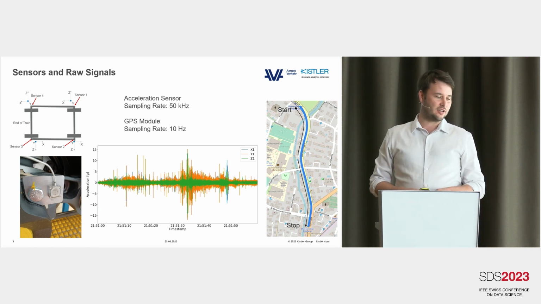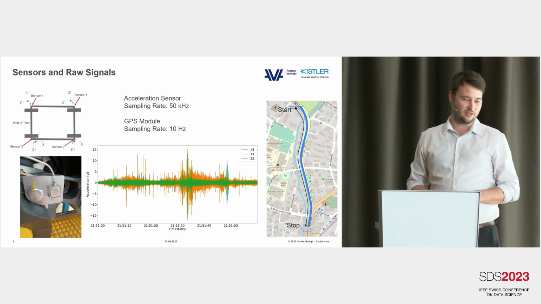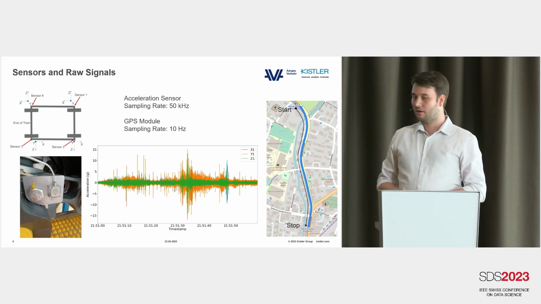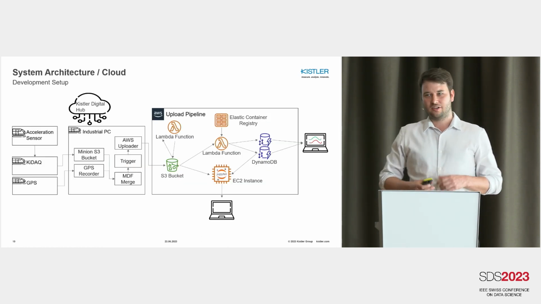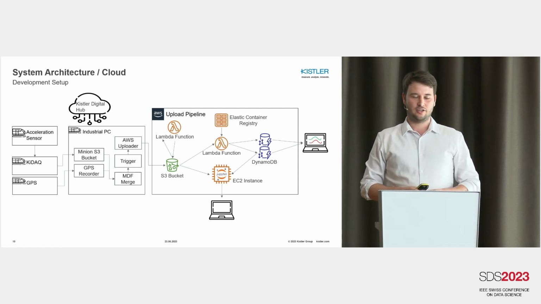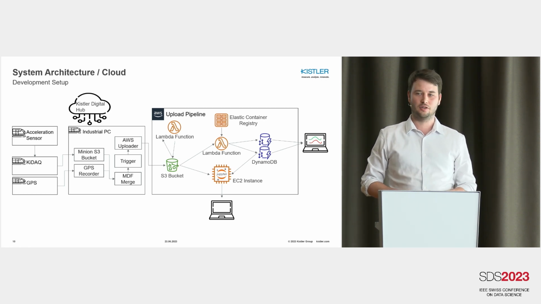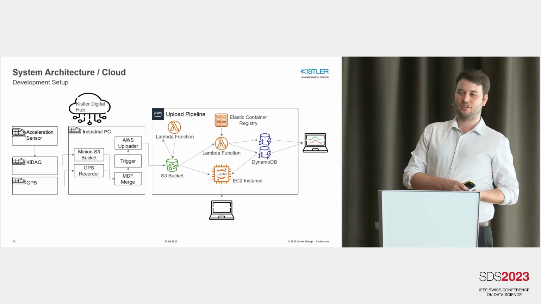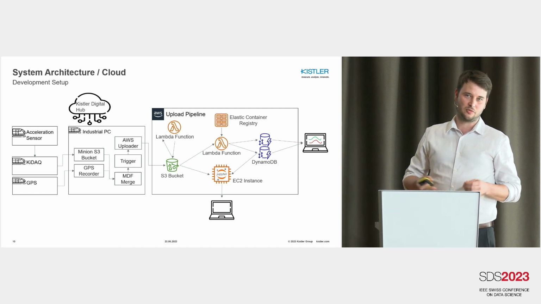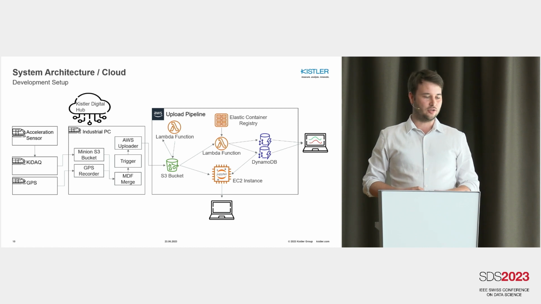Together with that, we have a GPS module where we know the exact position, the longitude, the latitude, and the speed of the train. This data needs to be put somewhere to analyze it and to visualize it for the customer. From left to right, we have the acceleration sensor and the GPS module, whose data is pre-processed and merged on an edge device, in our case a computer, and then uploaded to the cloud.